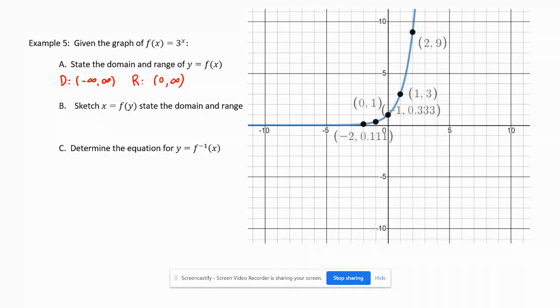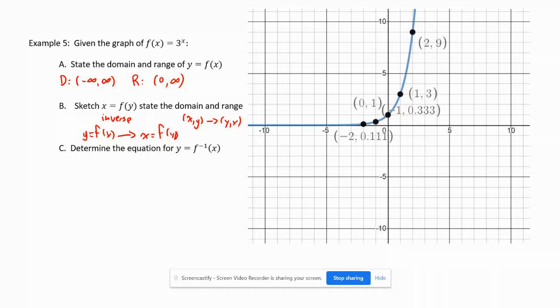Over here, again, x equals f of y is the inverse. And if you remember, guys, from inverses, if we have a point (x, y) on our original, it becomes (y, x).